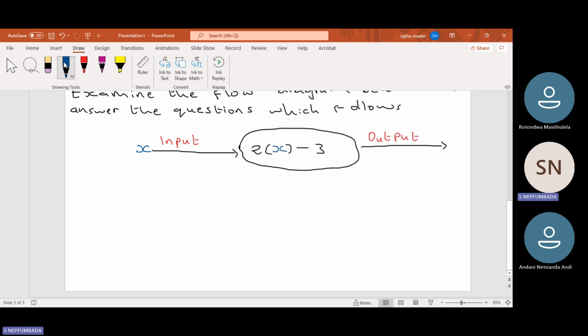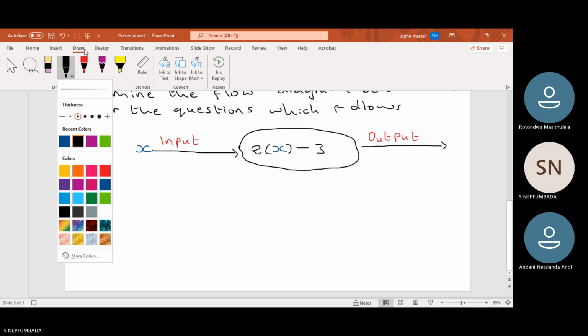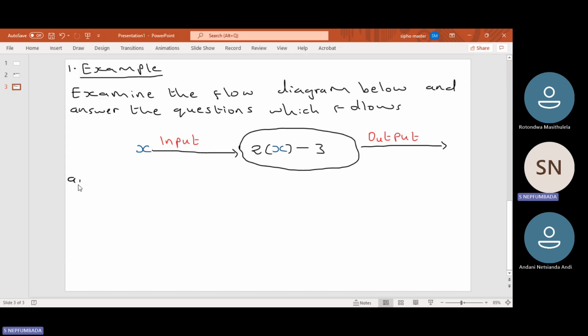They say that on the first question, on A, write down a rule. Write down a what? A rule. You did sequences, that's all. They say write down the rule in words for the flow diagram.